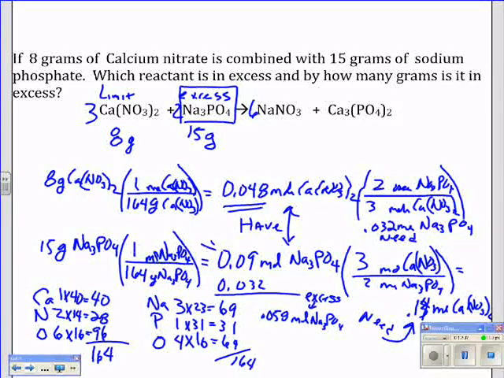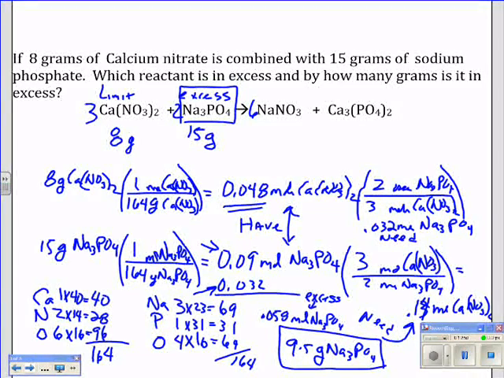Again, this is my have, this is my need. So that's my moles I have extra. If I multiply that times 164, that would give me 9.5 grams of sodium phosphate that I have extra. I would have needed 5.5 grams. I've got 15 grams, so I've got that much.